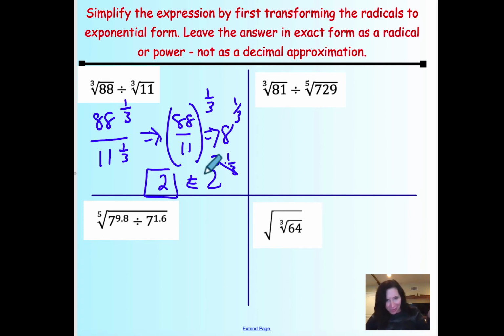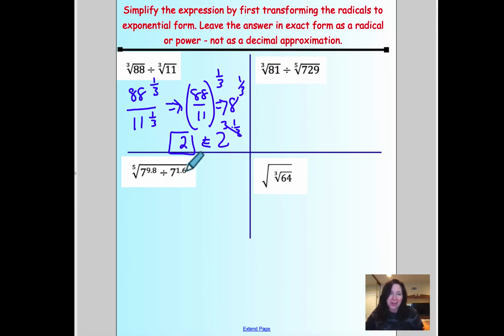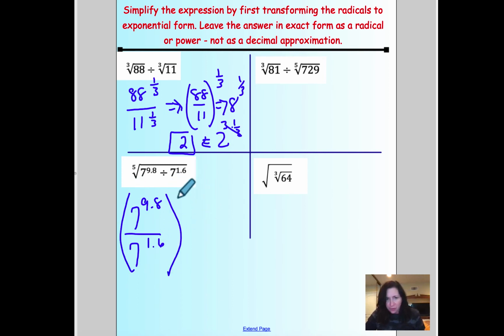Cool. Without a calculator. This one is a little bit tricky for sure. It is saying 7 to the 9.8 divided by 7 to the 1.6, and all of this is to the 1/5 power.